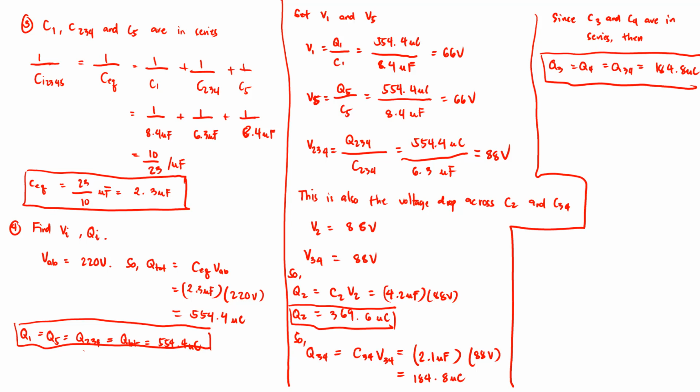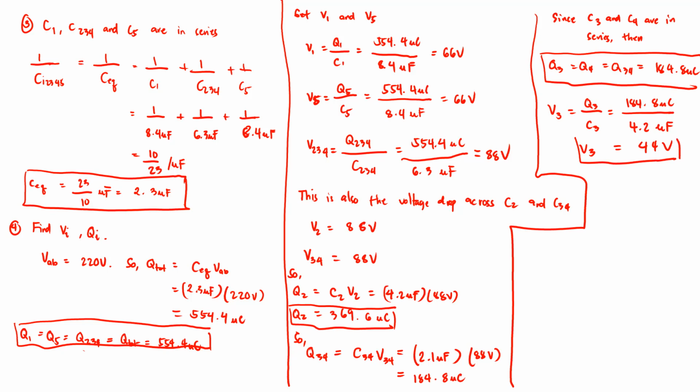Now, what is left to find is the voltage across C3 and C4. So V3 is equal to Q3 over C3. You have Q3 as 184.8 microcoulomb divided by 4.2 microfarad. So your V3 is equal to 44 volts.